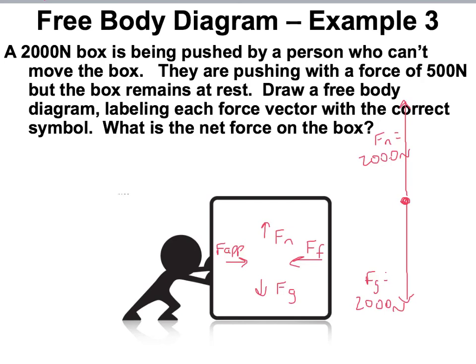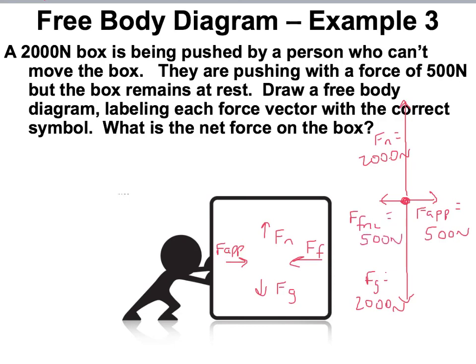They're 500 newtons, so they need to be only 1/4 of the length of the other two. So which is which? Well, the one pushing to the right is the applied force, and that's 500 newtons. And the one pushing to the left is the friction force, and that's also 500 newtons.